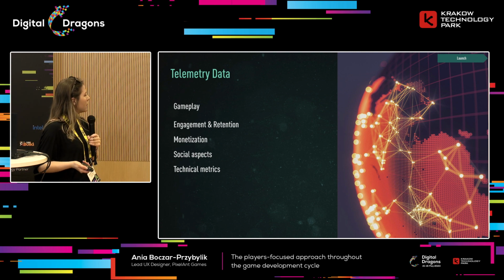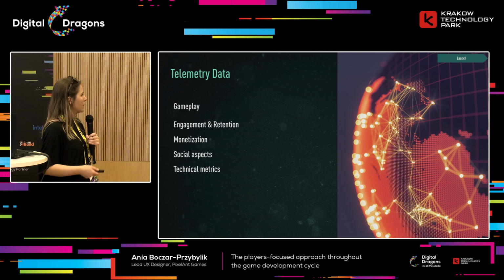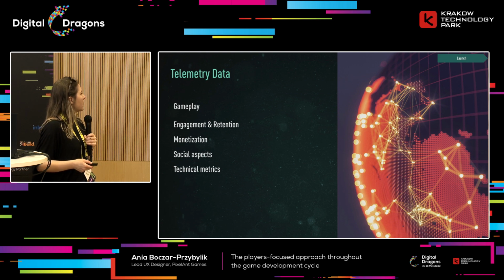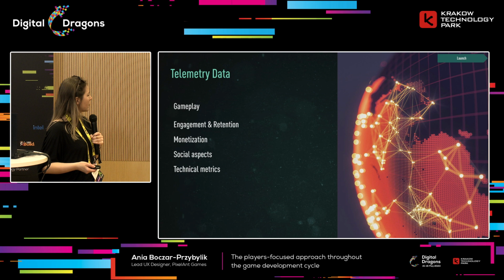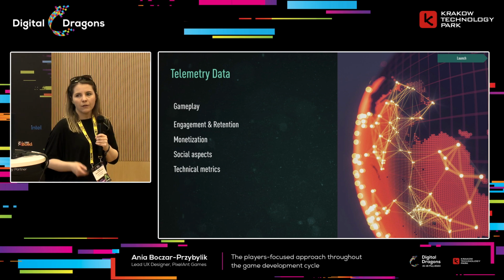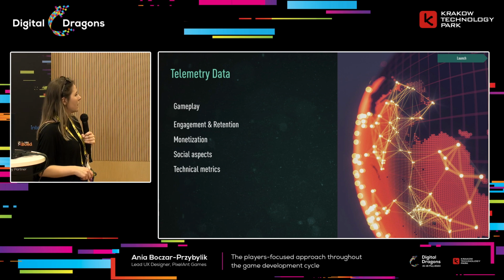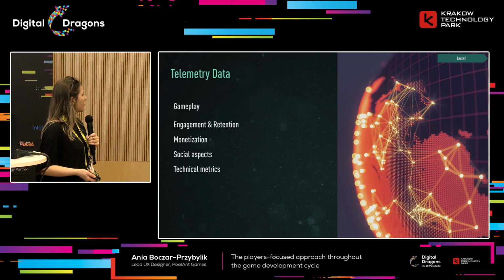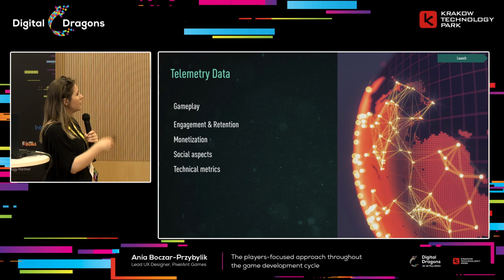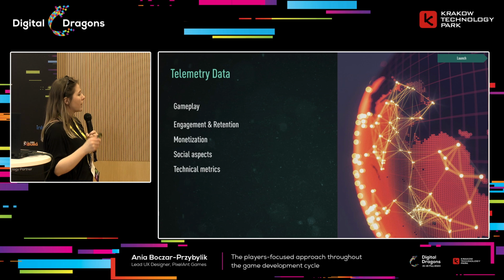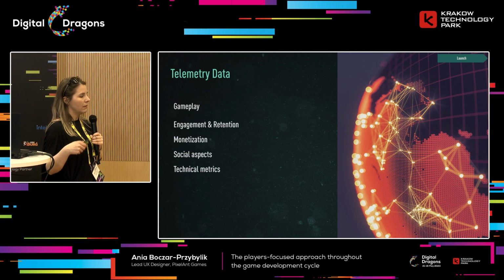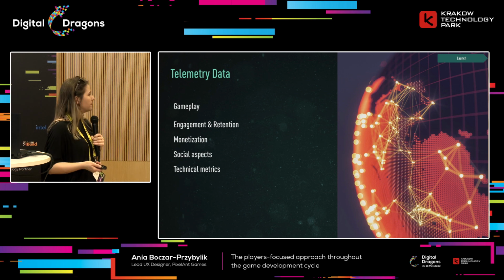Social aspects, so if they chat to each other, if they group together to do some content. And technical metrics, which are pretty cool for QA, but not only. So if there are any crashes, loading time, optimization, usage of specific platforms. So telemetry data gives you information about how players play the game on a larger scale.